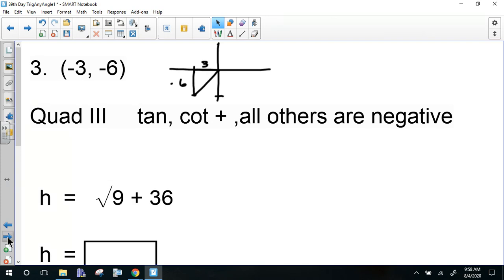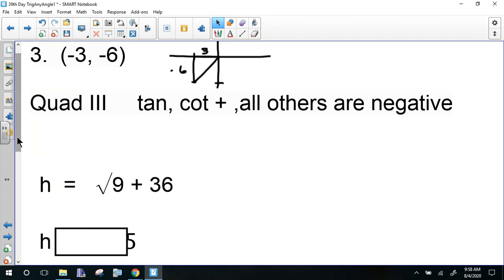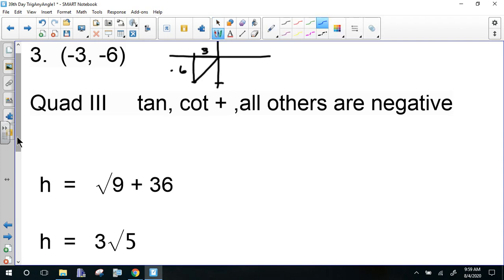That's square root of 3 squared plus 6 squared. That's 3 root 5. So my hypotenuse is 3 root 5. So my adjacent is 3, my opposite is 6, my hypotenuse is 3 root 5.